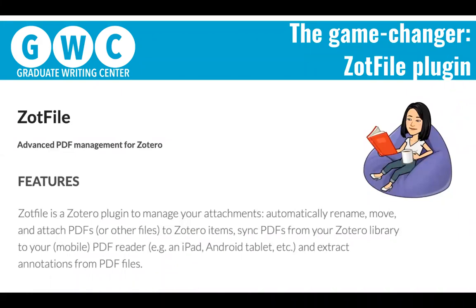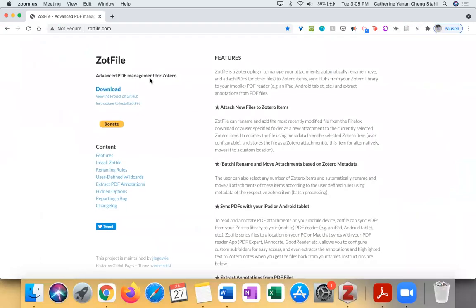So Zotfile is a third-party plugin that works really well with Zotero, allowing you to work with PDFs in a more advanced manner. So in order to use this function, you actually need to download Zotfile. So the way to do so is to go to zotfile.com.